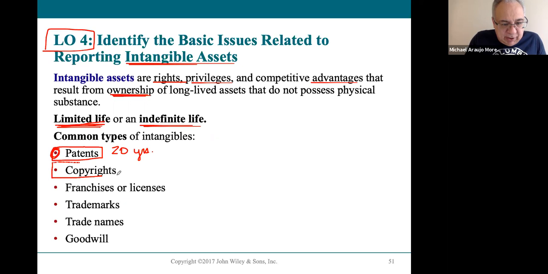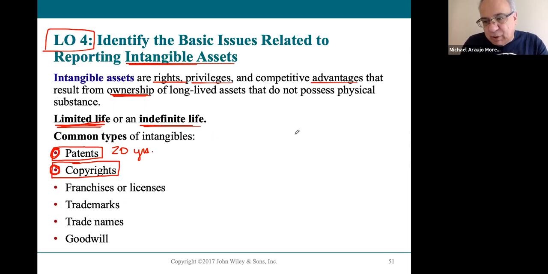So let me go on to copyrights. A copyright basically is, again, government recognized ownership. This usually affects things that are written.